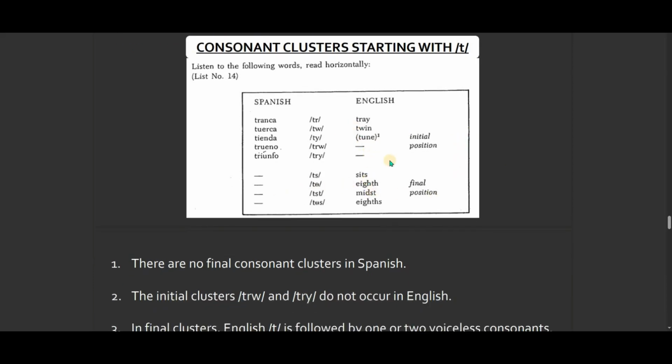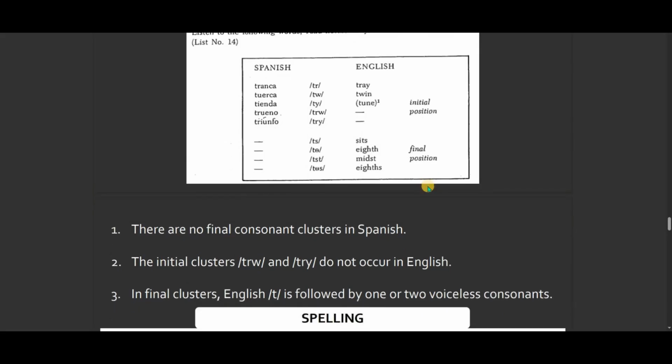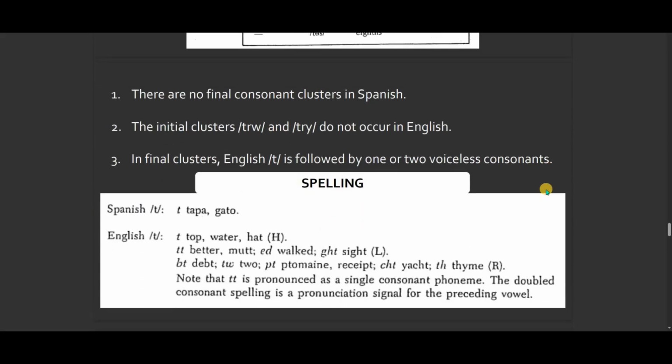Then we have some English words that have a final position consonant cluster, like sixth, eighth, midst. Knowing this, we can tell that there are no final consonant clusters in Spanish.